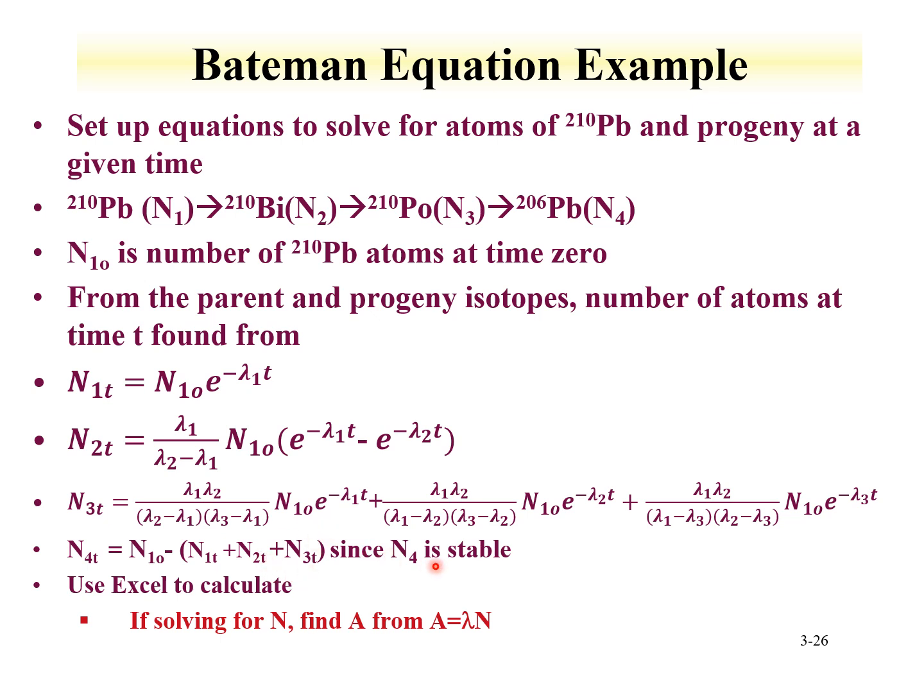We don't need to account for the decay of the lead-206 because it is stable. We can set this up in Excel and calculate the number of atoms of the parent and the progeny at any given time. And since we know the number of atoms, we can also calculate the activity by multiplying the number of atoms by the decay constant for that isotope.